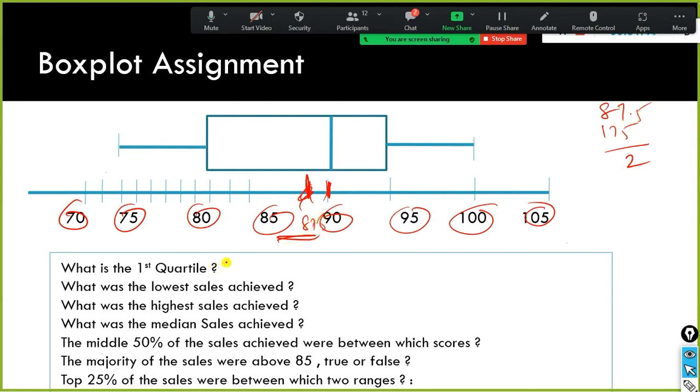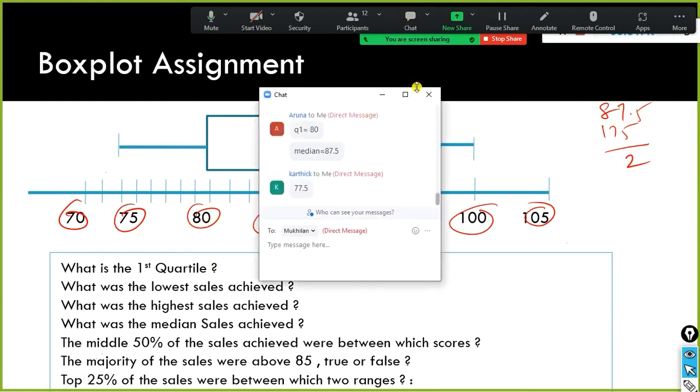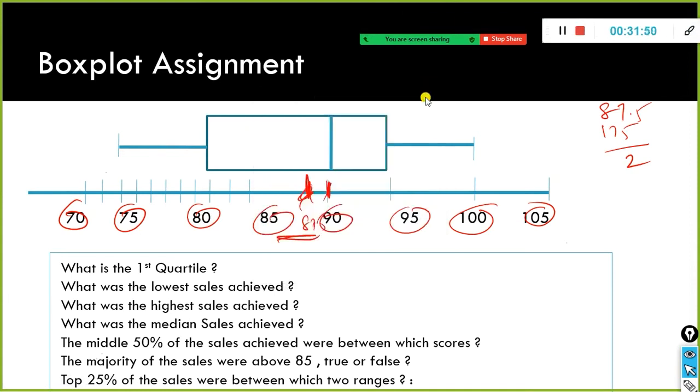And what is the first quartile here? 75. 77.5, Karthik says 77.5. So the median is here, and just beneath this you have 4 values.